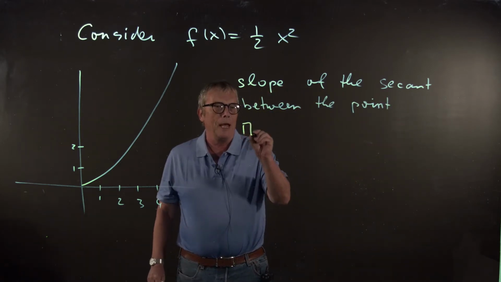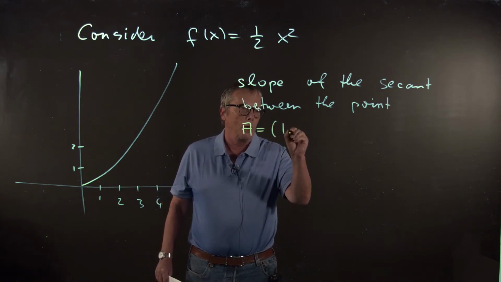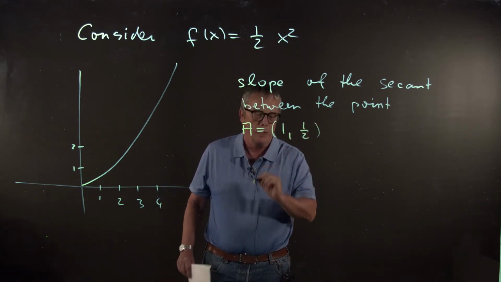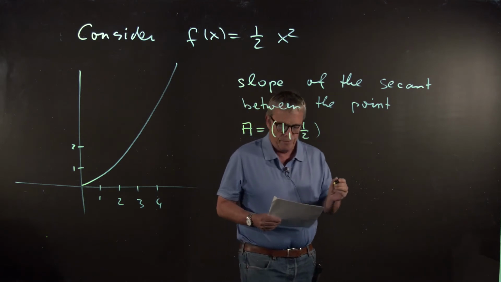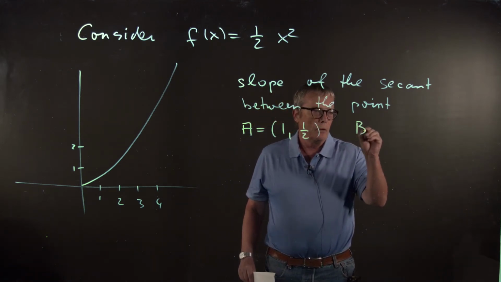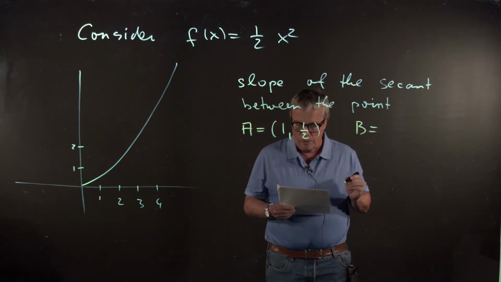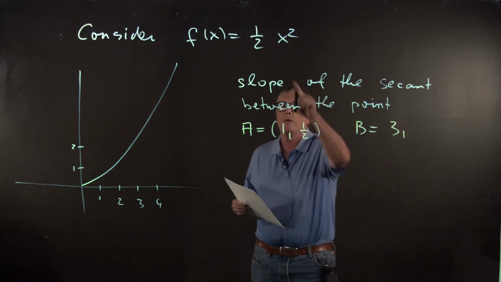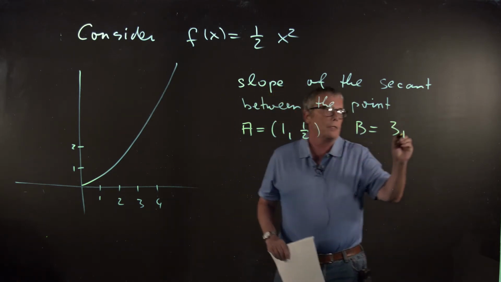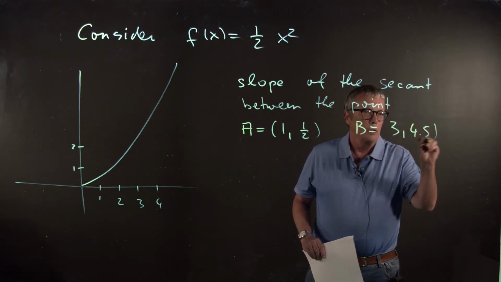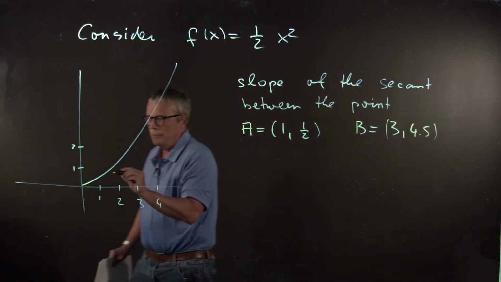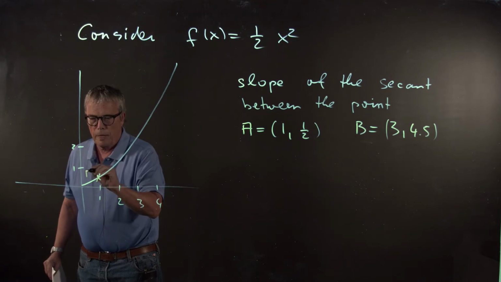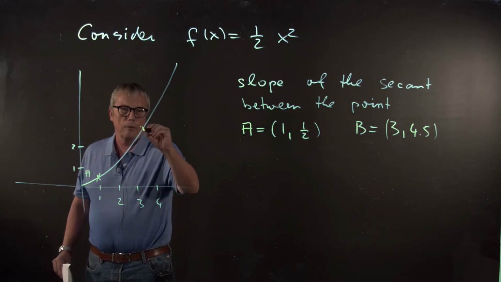At the point A, which is the point (1, 1/2), and the point B, which is the point 3, and at the point 3, it's 9 times 1/2, it's 4.5. So this is the point A, and the point 3 is this here. This is the point B.